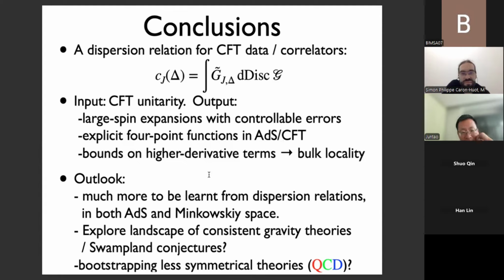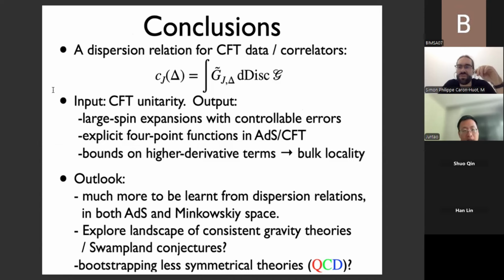So if not, I have a maybe silly one because I'm not in this field. Here you care about the large spin expansion a lot. So for the low spin, it's very well understood already.